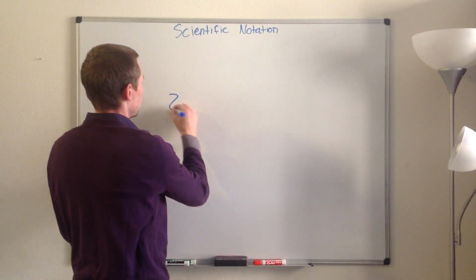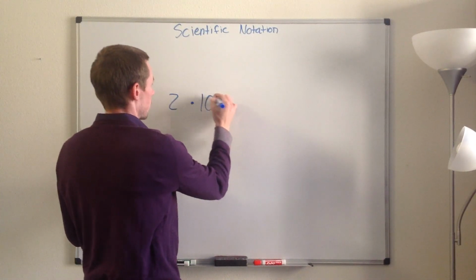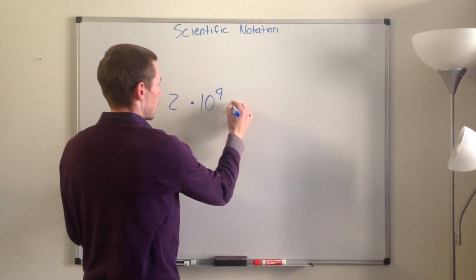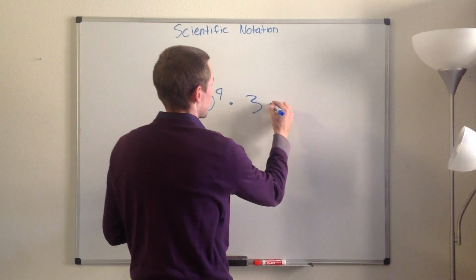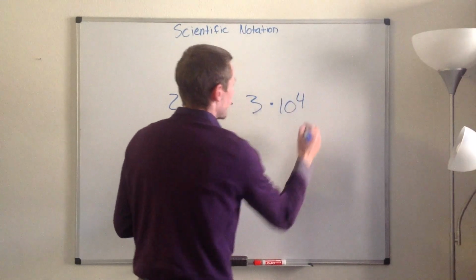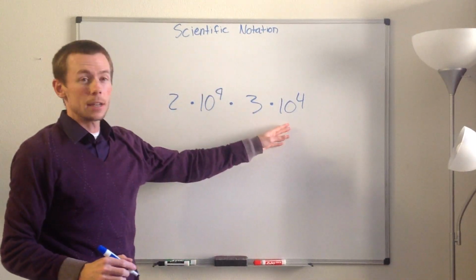So I'm going to start off with 2 times 10 to the 9th and multiply that by 3 times 10 to the 4th.